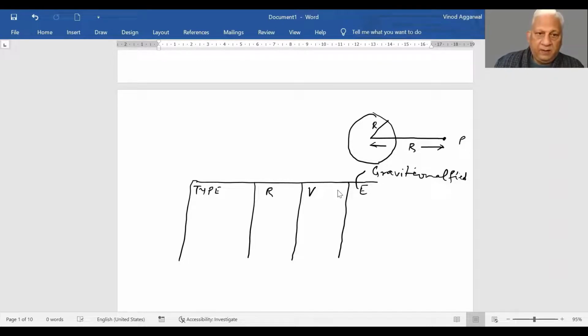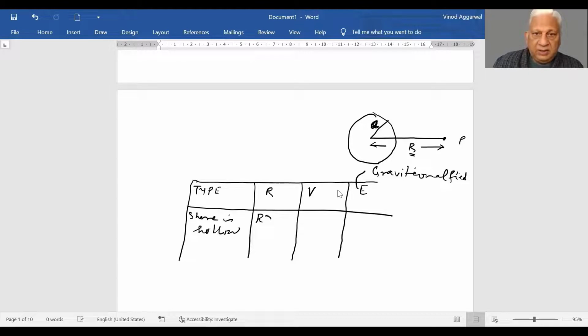Okay. If our sphere is hollow, and our R is, sorry, this we take as A to distinguish it from this R.